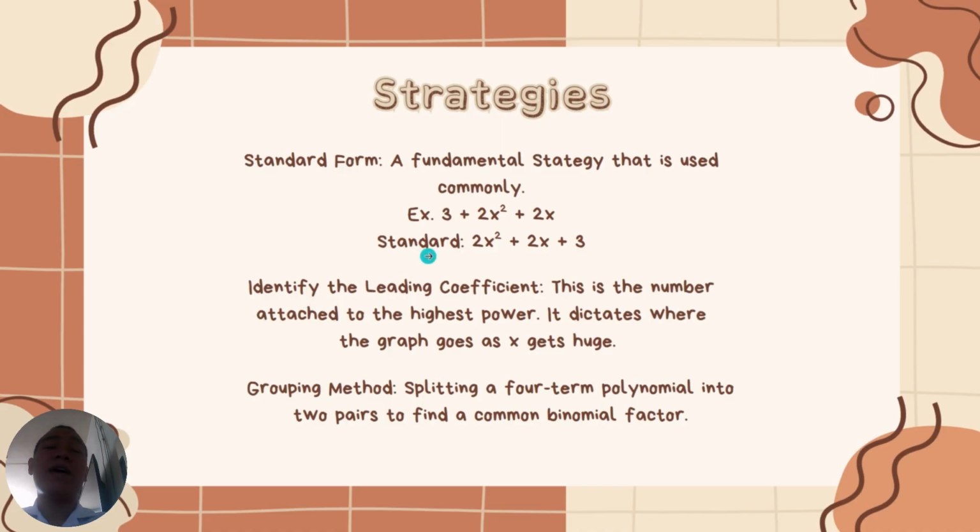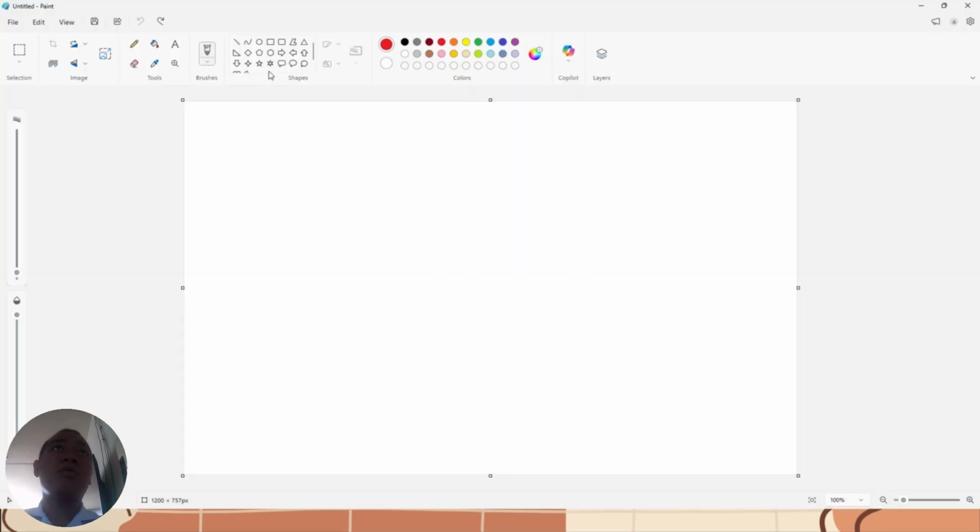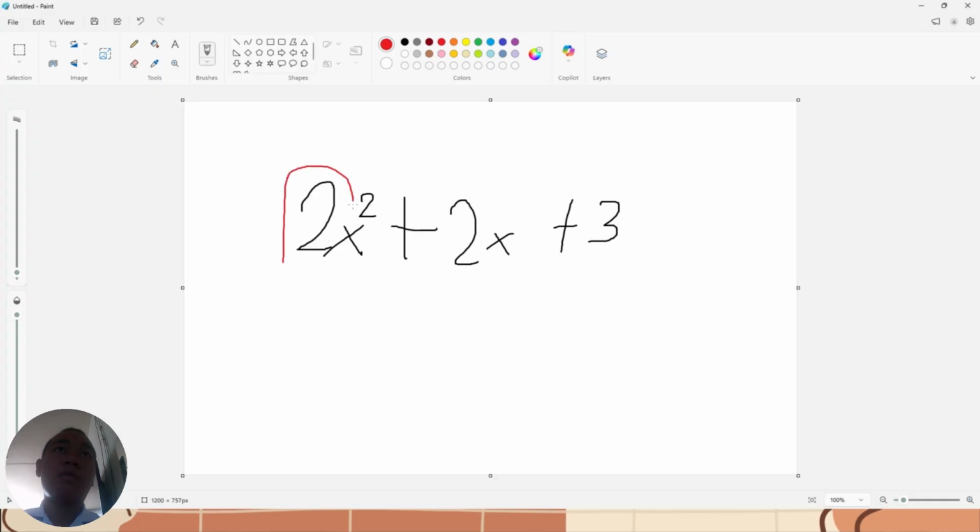Next is identifying the leading coefficient. This is the number attached to the highest power, and it dictates where the graph goes as x gets huge. Now, in our previous example, 2x squared plus 2x plus 3, the leading coefficient is the coefficient attached to the highest power, which is this.